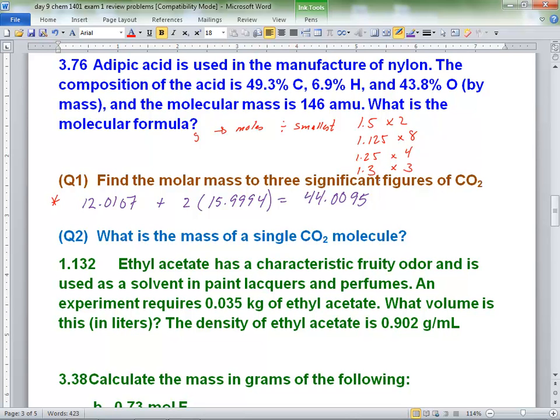You agree? 44.0? Yeah. But you need units. Grams per mole. Grams per mole works, but preferably to help you out, right, in all these dimensional analysis problems. But grams per mole works great.